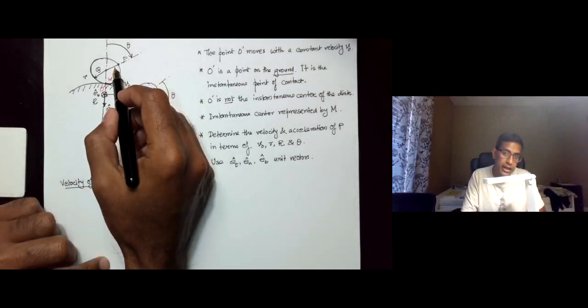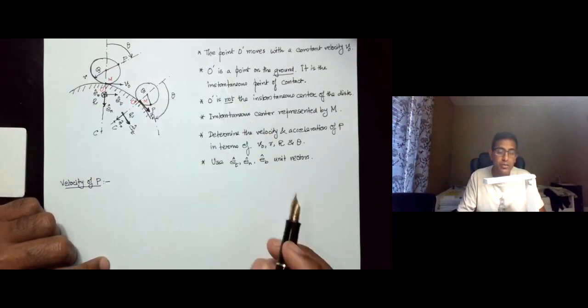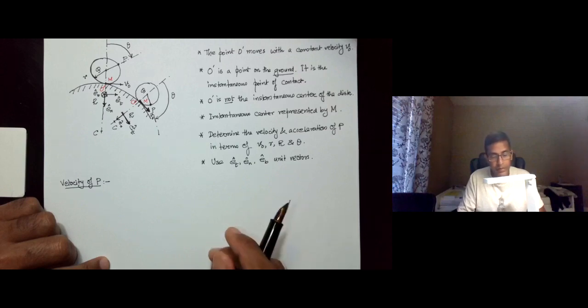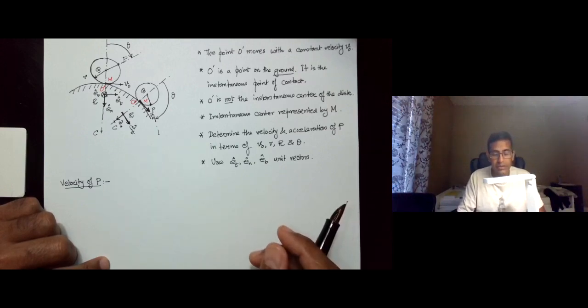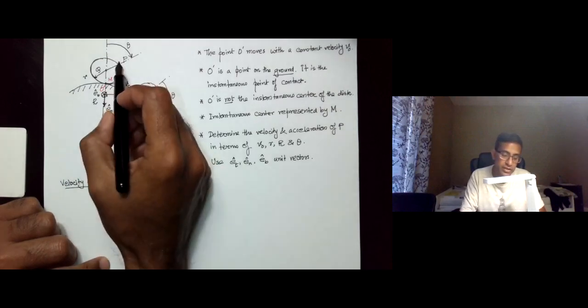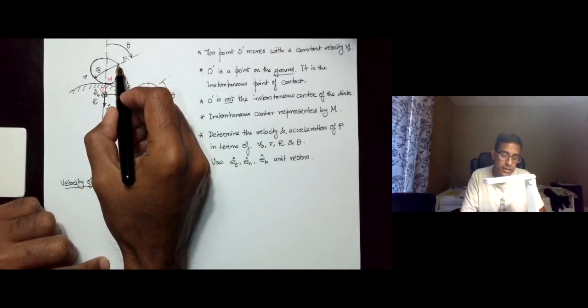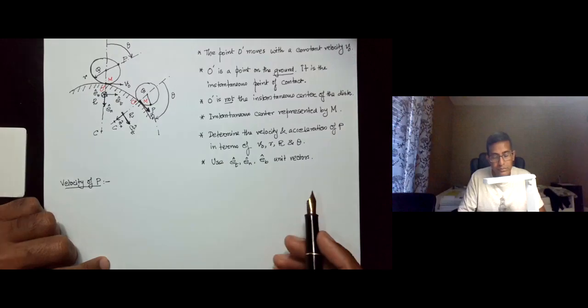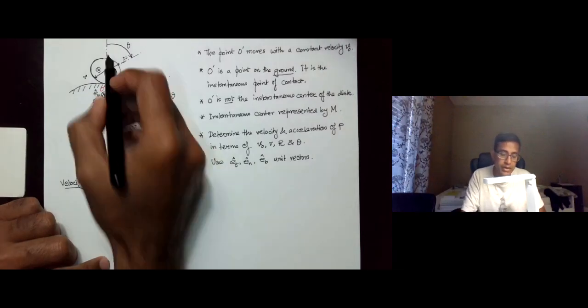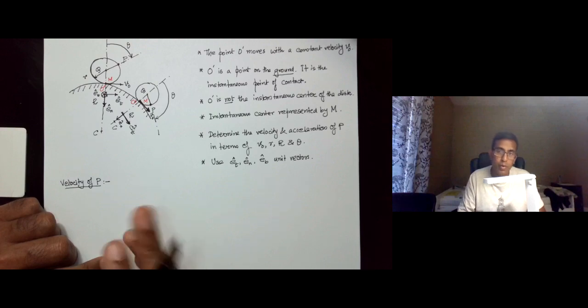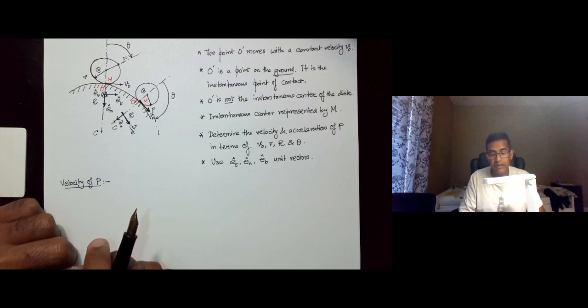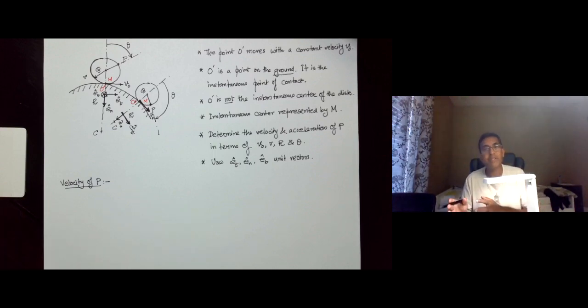And thirdly, we can express Vp in terms of Vq, where P and Q are on the same rigid body, and write the three-term velocity equation. So in the first and the third cases, where we express P in terms of M, and P in terms of Q, the 2 points are on the same rigid body.